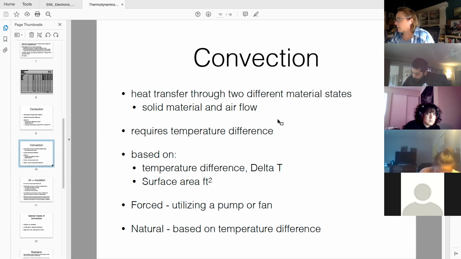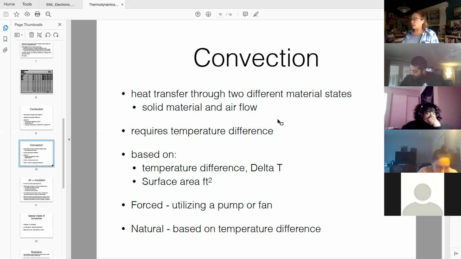Convection is heat transfer between two different material states, like a surface and air, or water, which would be a liquid, and I should say not air, I should say gas. Air is technically a gas.